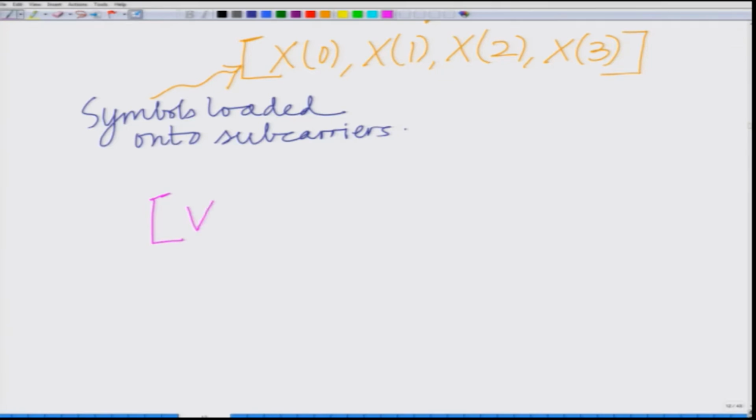That is also very simple. You have the small v's, which are the noise samples, additive white Gaussian noise samples in the time domain.